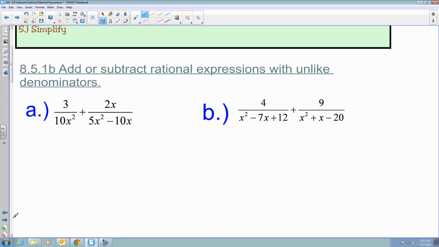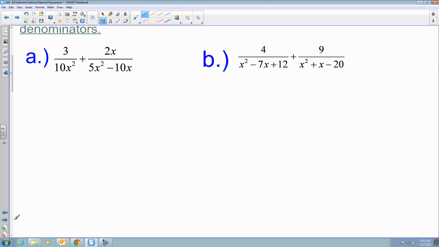So if I have 3 divided by 10x squared plus 2x divided by 5x squared minus 10x, what I need to do first is find the least common multiple. I can't do anything with this 10x squared, so I'm just going to leave it as is.